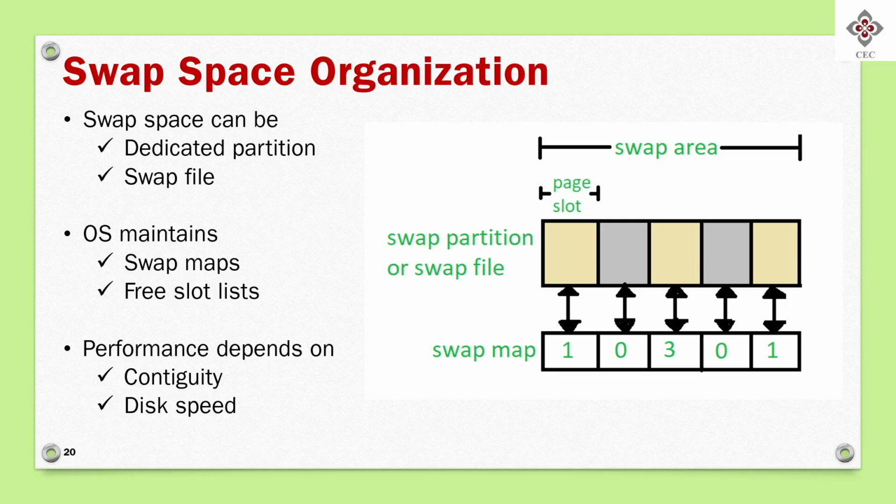The swap map will say 1 or 0. It will tell this is to be swapped and this is not to be swapped. We also have a free slot list, which will be used for filling up the necessary pages. The performance depends on the contiguity and disk speed. How fast we are swapping will play a major role in the performance.